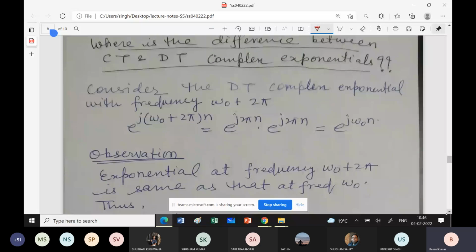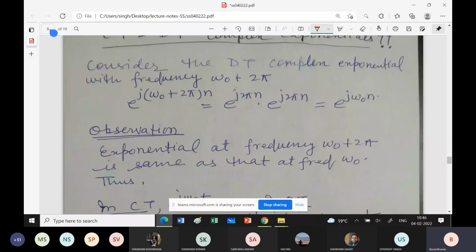अब डिफरेंस देखो कहां पे आ रहा है, वो ये देखिए कि कंसीडर, अगर मान लीजिए मैं डिस्क्रीट टाइम कॉम्प्लेक्स एक्सपोनेंशियल सिग्नल कंसीडर कर रहा हूं विथ फ्रीक्वेंसी ओमेगा नॉट प्लस 2 पाई. एक फ्रीक्वेंसी है ओमेगा, दूसरा कोई फ्रीक्वेंसी है.